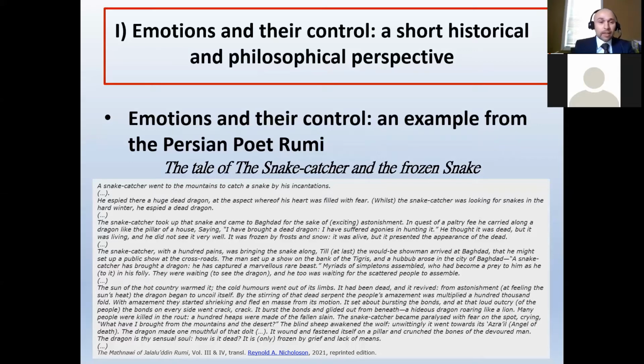But emotions can manifest if they are induced by some external events, and then you can lose control, and it will be wrong for your behavior.